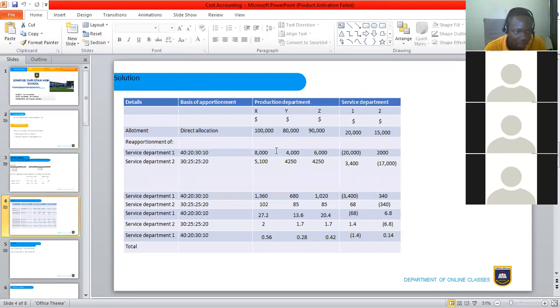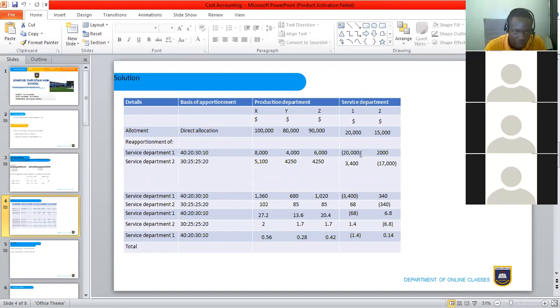Now let's go back to the solution. When we calculate 10% of 20,000, what are we getting? Who is ready with the answer? Anybody can give me the answer. 2,000. All right, 2,000.